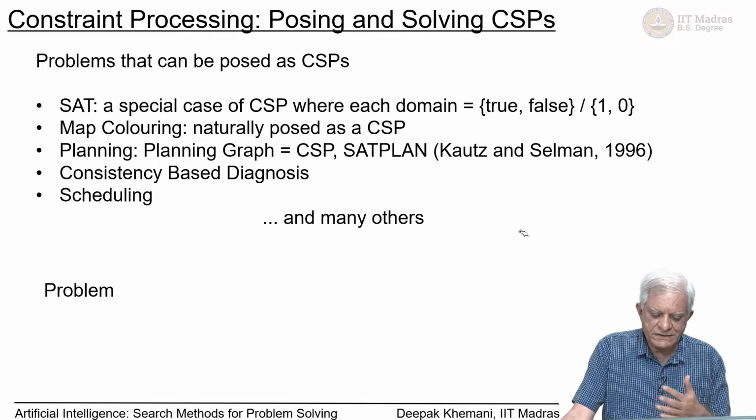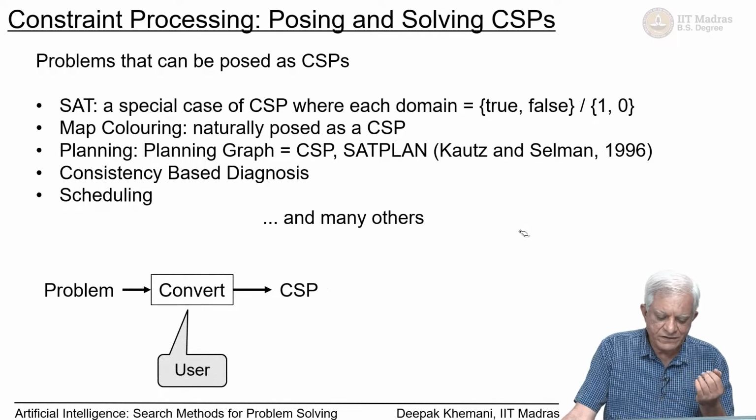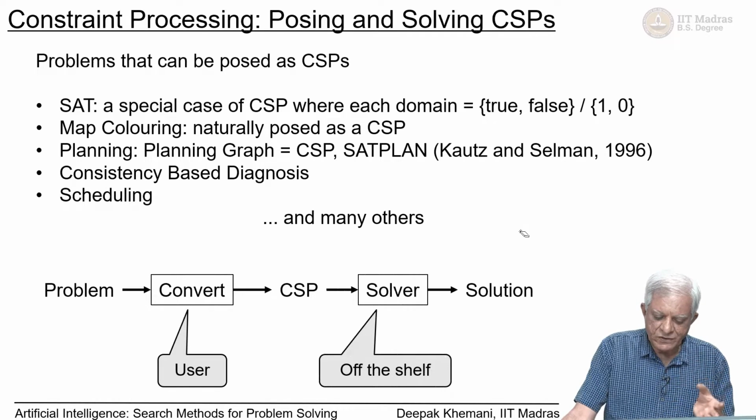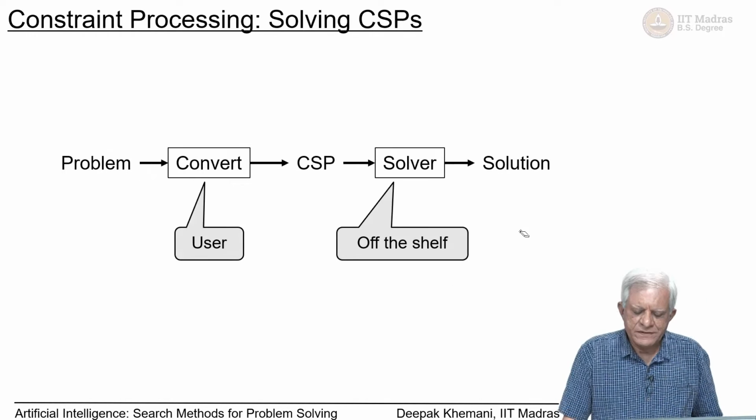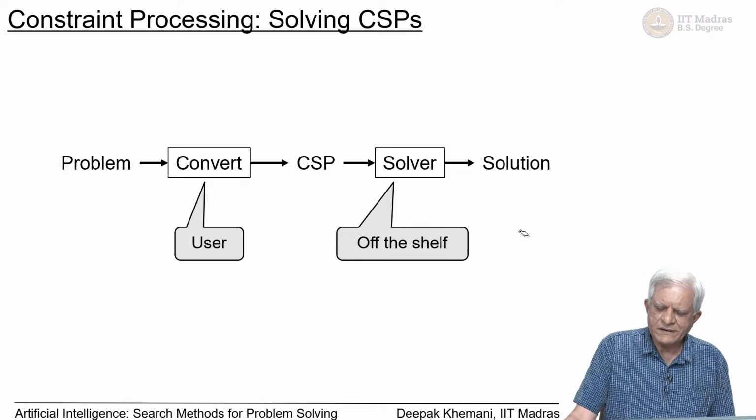So, the overall scheme of things that is appearing is that you have a problem and the user poses it as a CSP, and then you take an off the shelf solver from somewhere, and that produces the solution for us essentially. So, now we want to look at how to solve CSPs.